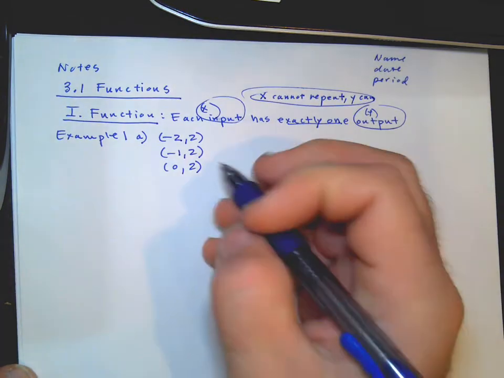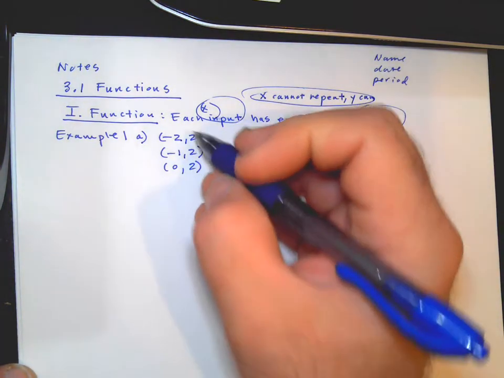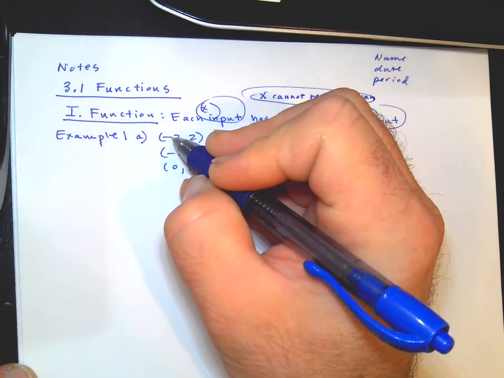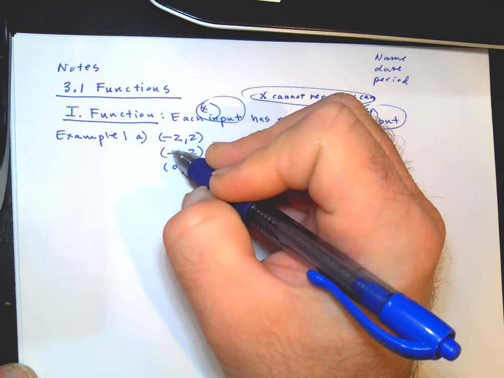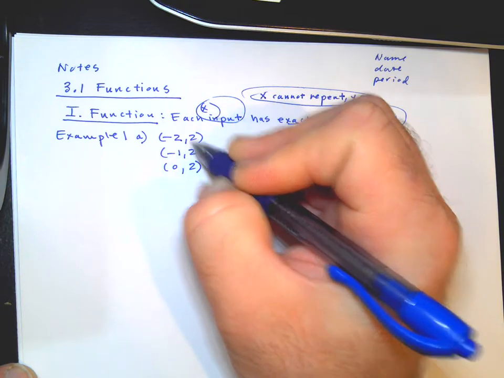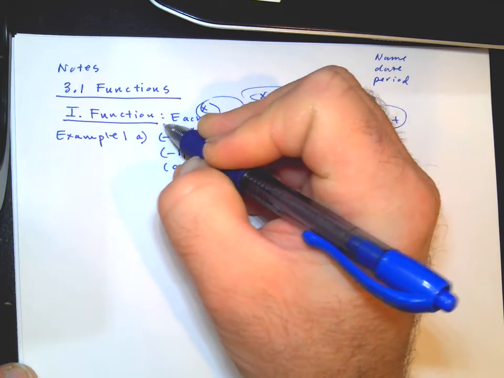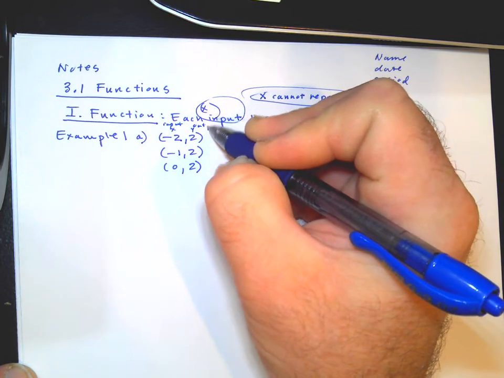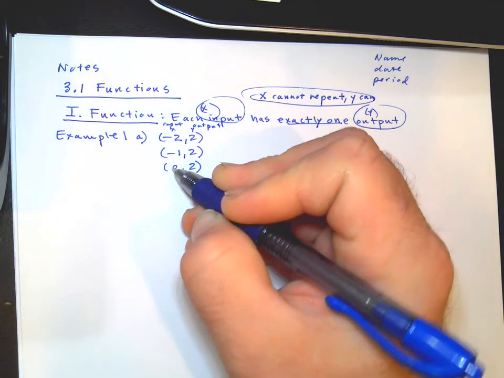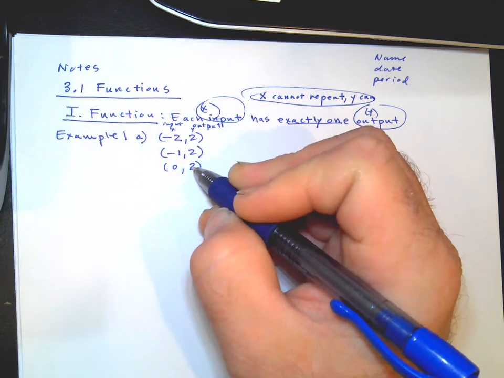So here, you could say -2 is the input, x is the input, and the output is 2. -1 input for x gives an output of y. So this is x, this is y, this is the input. That's what you plug in. This is the output. When you plug in 0, you get 2 out.